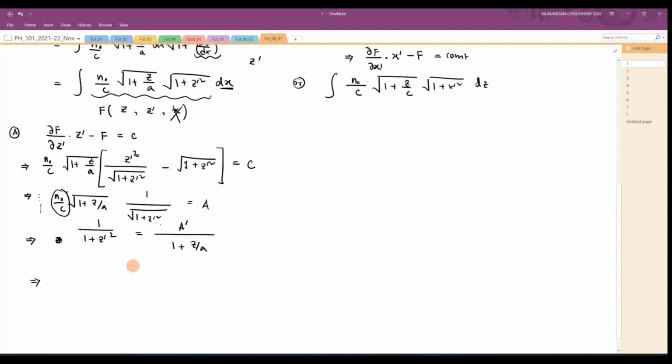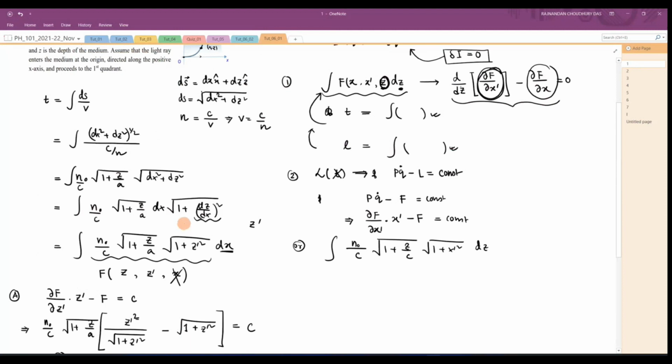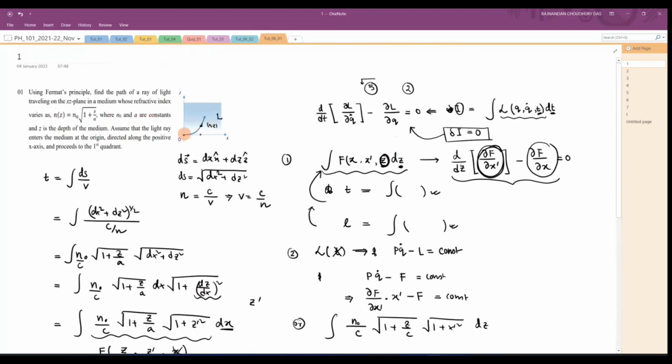Okay. Now you can use the boundary conditions as well, so that I want to basically ignore this a prime. You know that the light was entering through this point. So at this point, at 0 comma 0, your z prime, that is dz by dx, was actually tending to infinity.